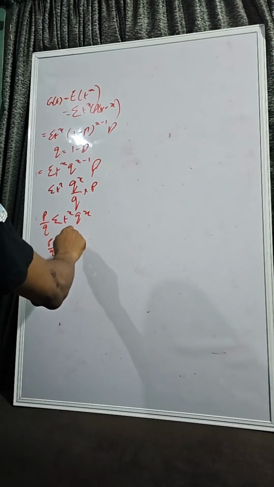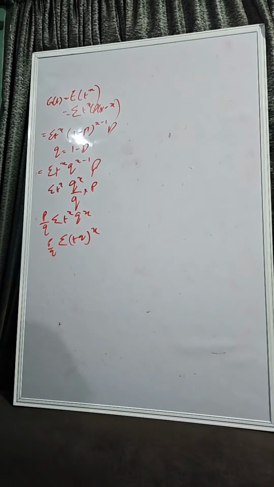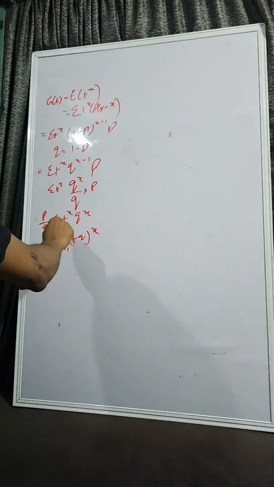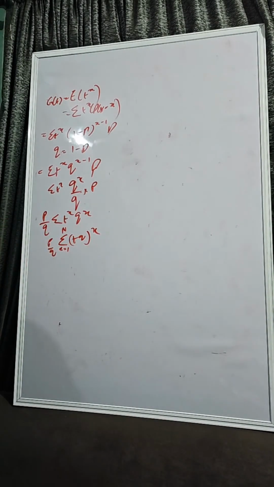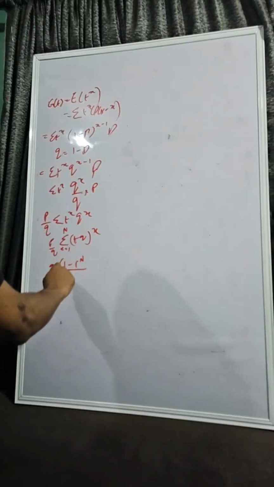So you can write this as (tq) raised to x, summation of x equals 1 up to n. Since our x starts from 1, this is a geometric series. So what did we say about the geometric series? A over 1 minus r, and so on. I hope you've not forgotten.